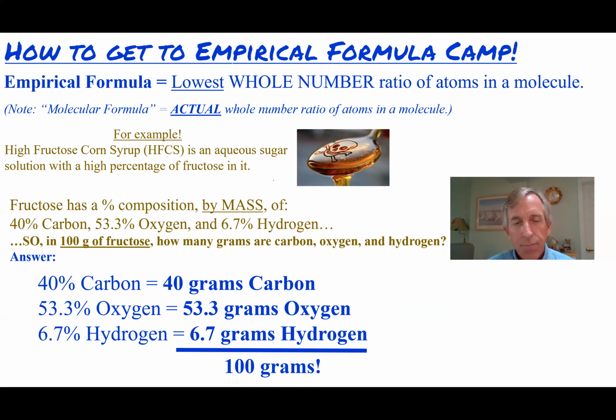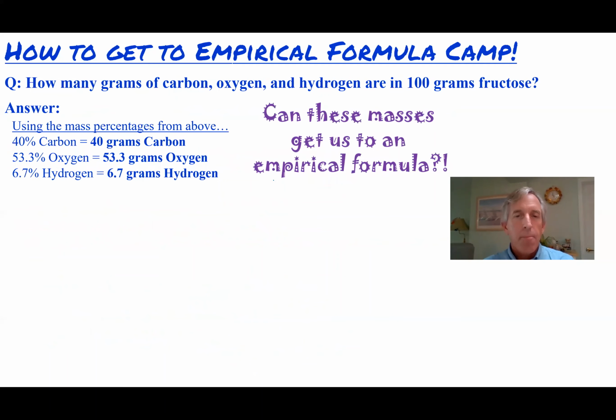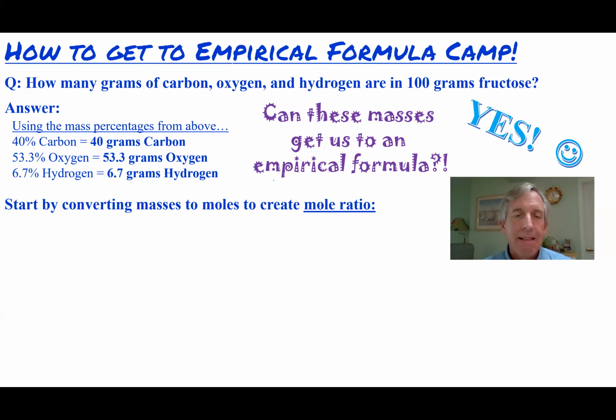Okay? Because these masses can get us to an empirical formula because I know I can change mass into moles. Right? So yes. Let's use these masses to get our empirical formula.